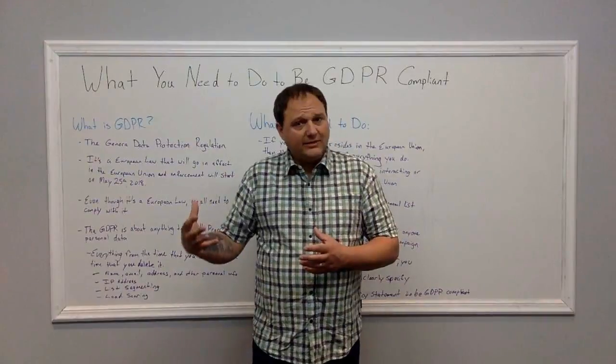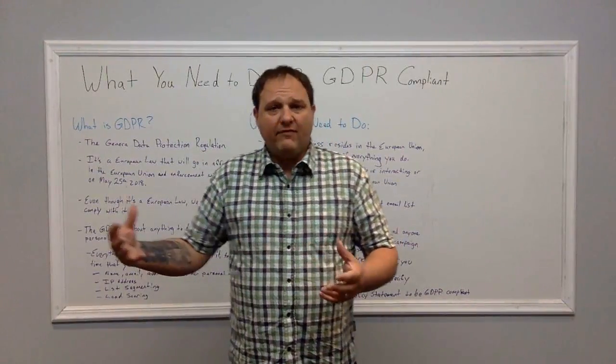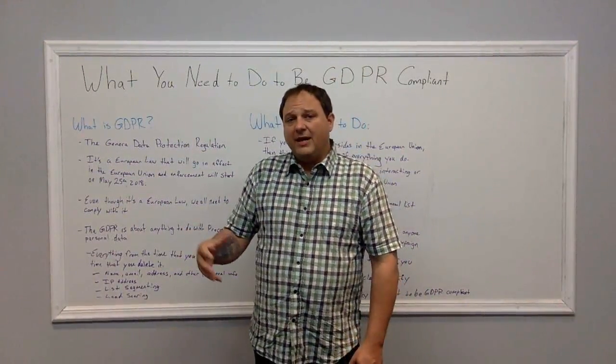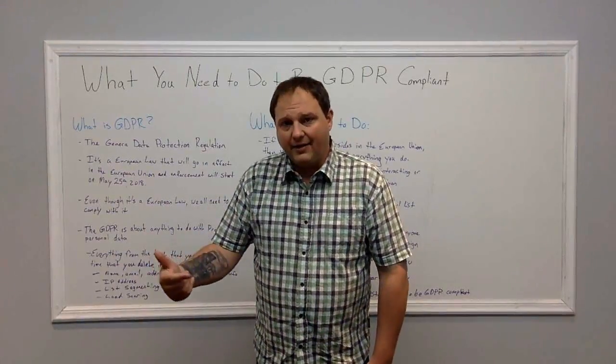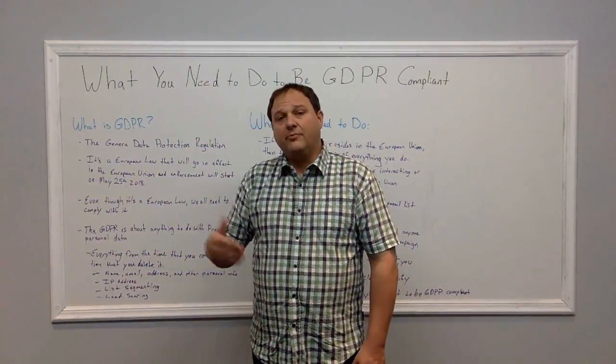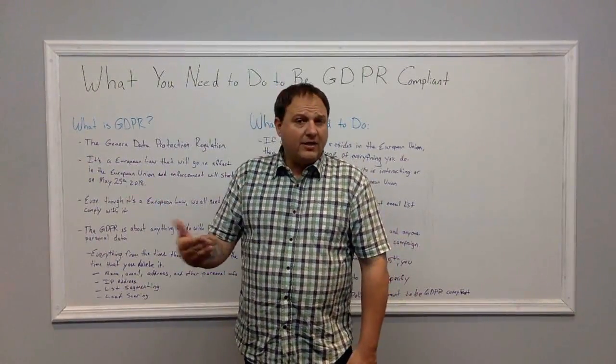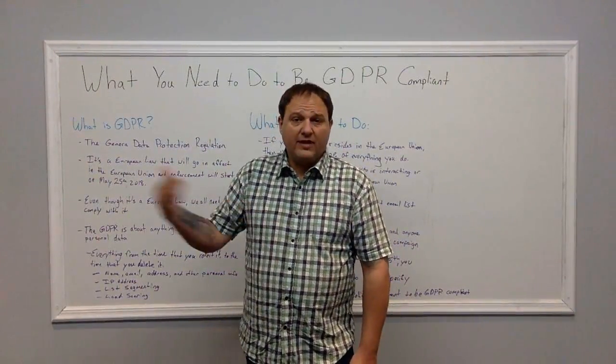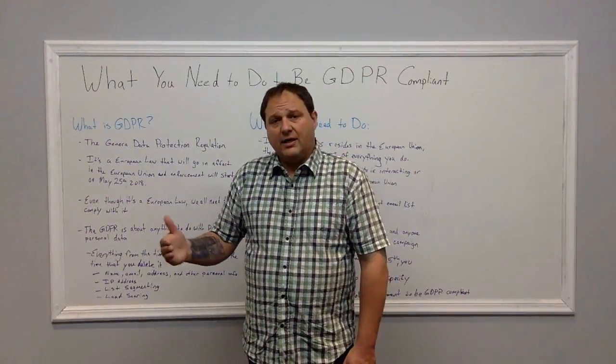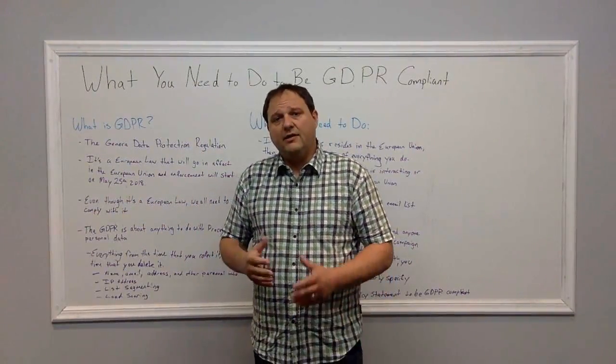You need to be transparent here and lay everything out. If you want this information, then click here to opt in. And it should also have a link to your privacy policy statement there too. This is what you need to do moving forward to get people to truly opt in to receive this information.